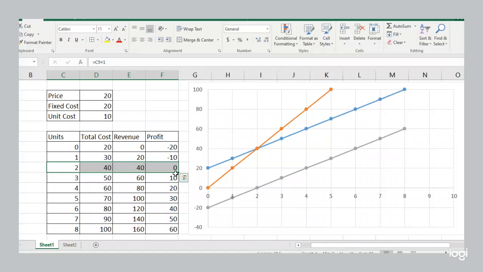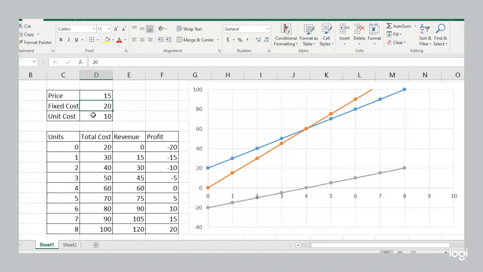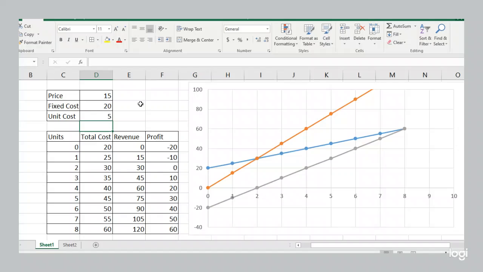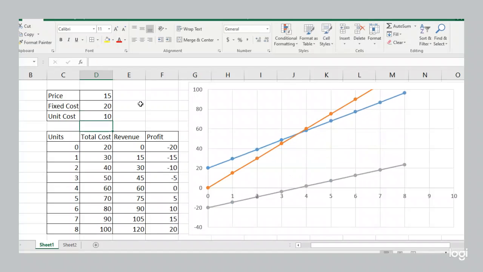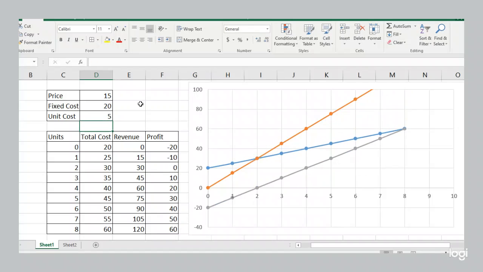Because we're selling each item for more, we make a profit sooner. Our break-even point becomes earlier. Now, that doesn't have to be done by increasing the price. It can also be done by decreasing the unit cost. If instead of each additional unit costing us an additional 10, what if it costs us an additional 5? Look what happens there. Let me show you again. 10 and 5. This time the price curve remains the same, but the cost curve drops.